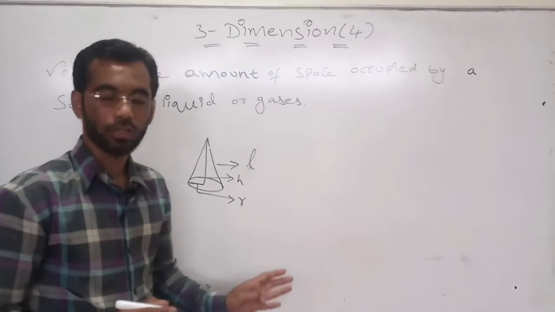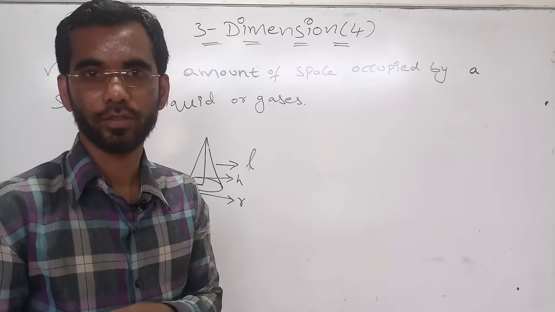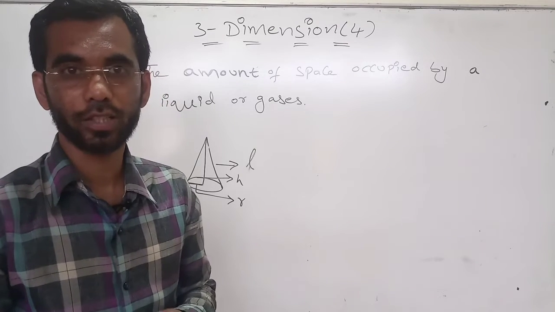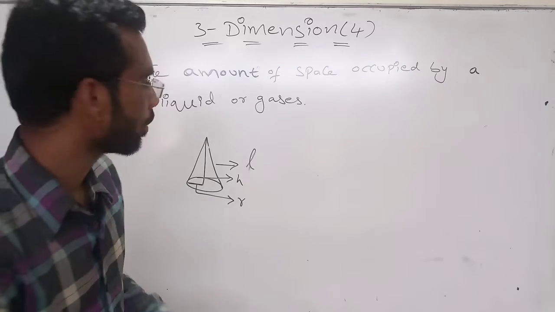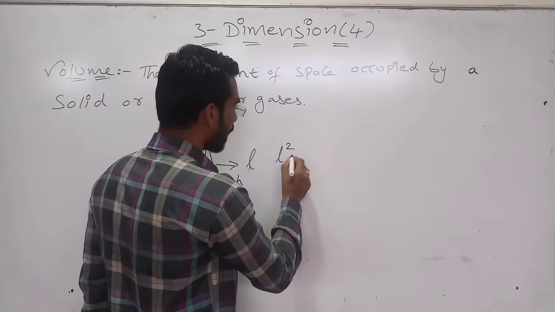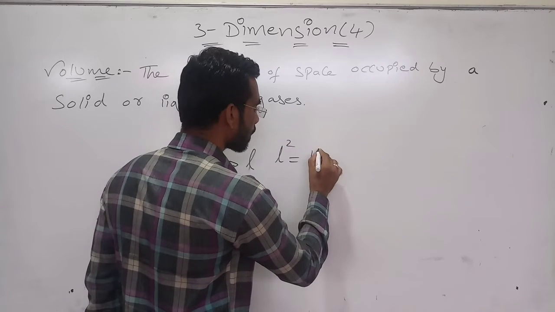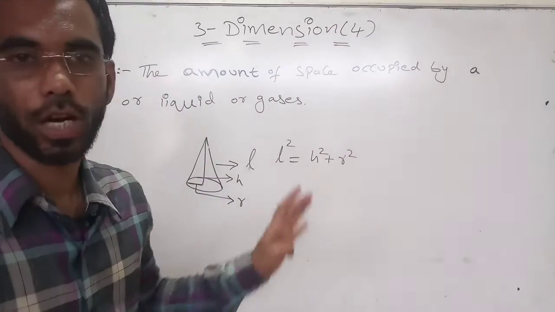In some cases, you should find out the slant height of the cone. In some cases, it will give the slant height and ask you to find the height, or find the radius of the cone. To find the slant height, what is the formula you will use? L square is equal to H square plus R square.